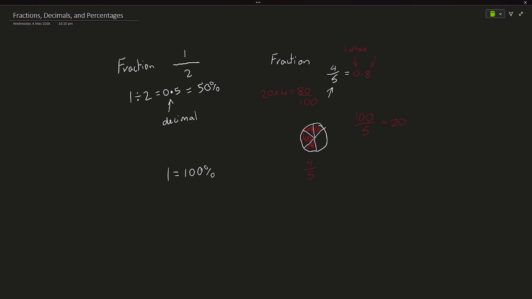And this is what you call a tenth. Not a 10, but a tenth. The same goes for a decimal. If you have 0.008, this is a thousandth.